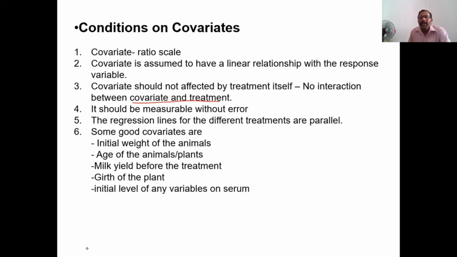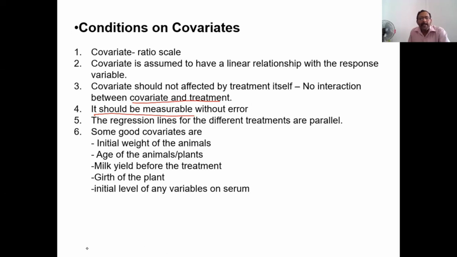If you take the initial reading, it will not be a problem. Then it should be measurable without error. Those are a few normal points that we discuss in other cases as well. Whatever we measure as the covariate should not be biased. We need to get the actual information.